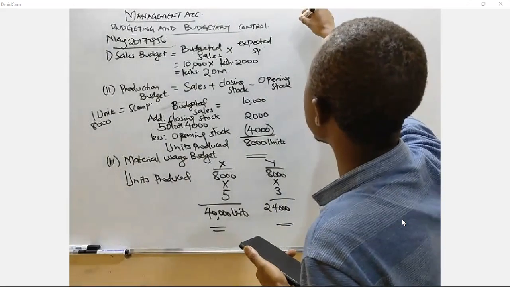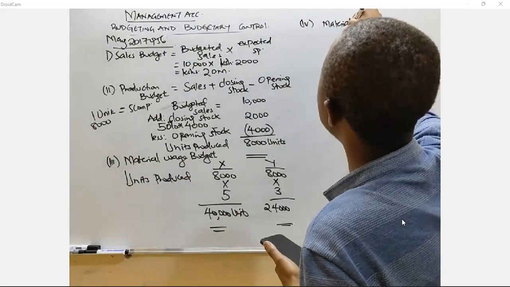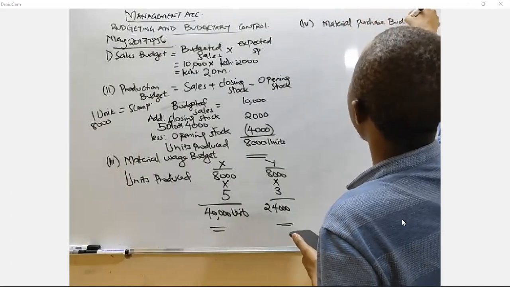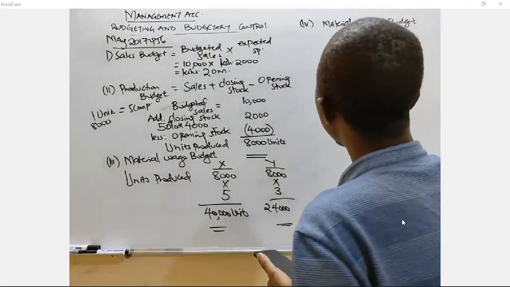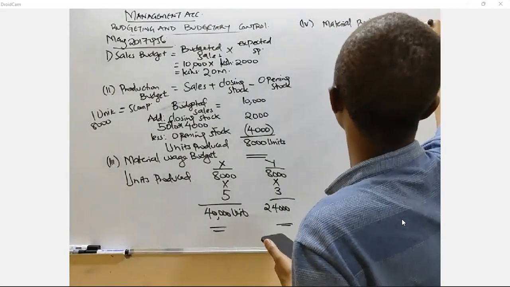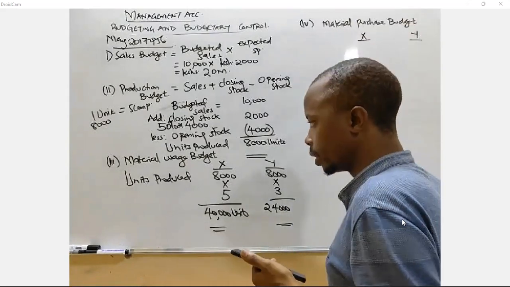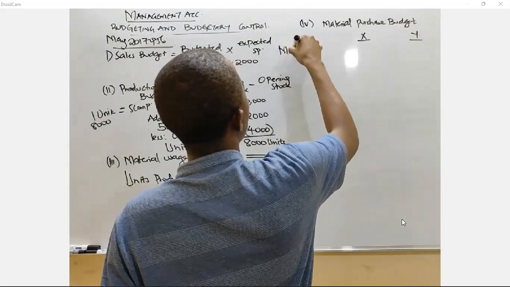Requirement number 4 is telling us to compute the material purchase. How much are we going to be purchasing? So for the material purchase budget, we are going to be purchasing 2 components, X and Y. Correct? So what I'm supposed to be capturing here is the material used.